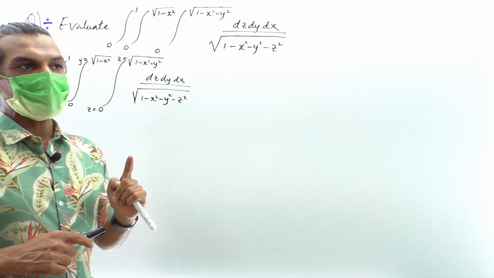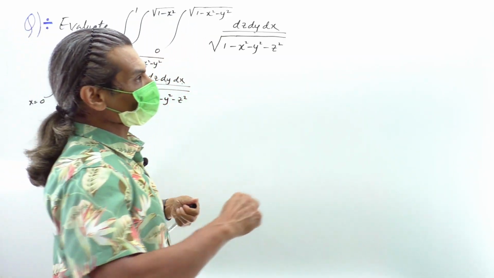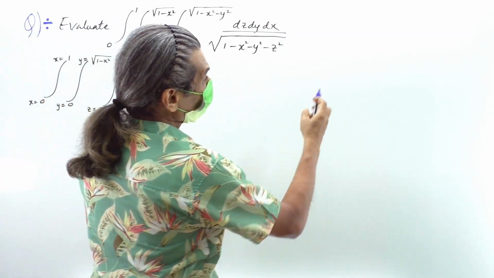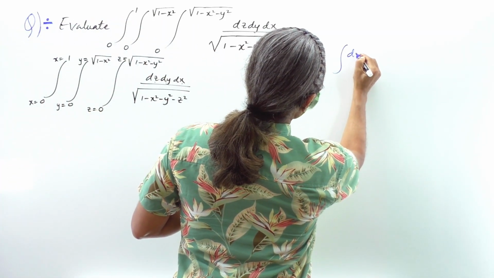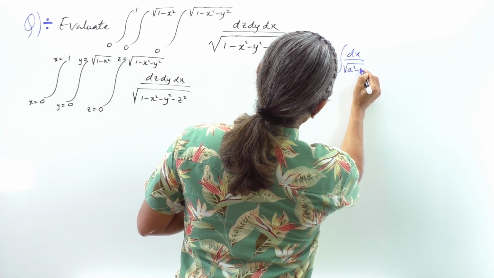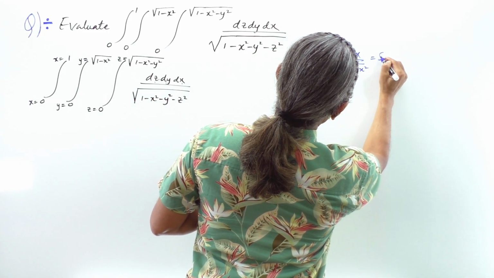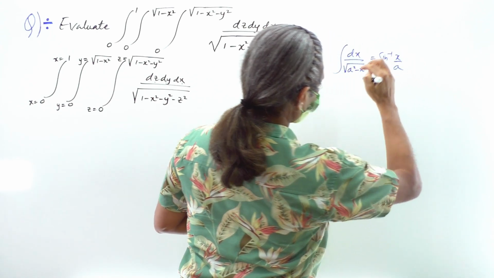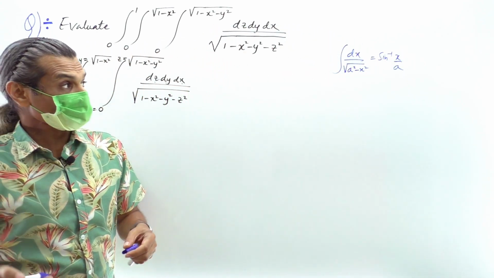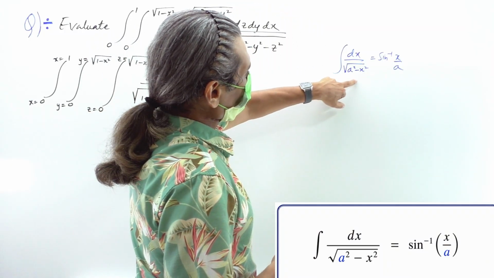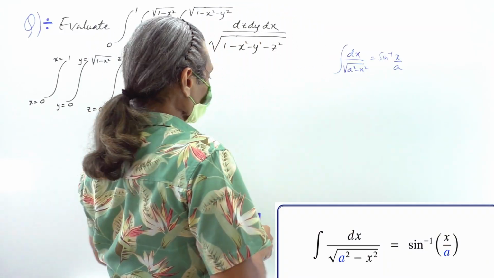One standard formula I had mentioned was integral of dx over root of a square minus x square is equal to sine inverse x by a. Making use of this integral, you can easily solve it.